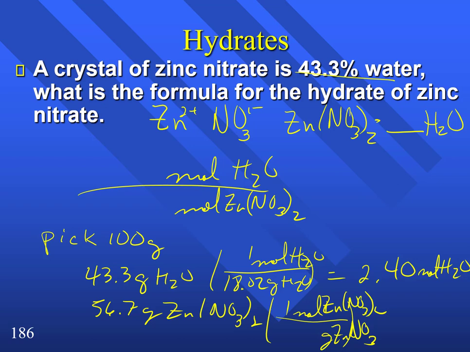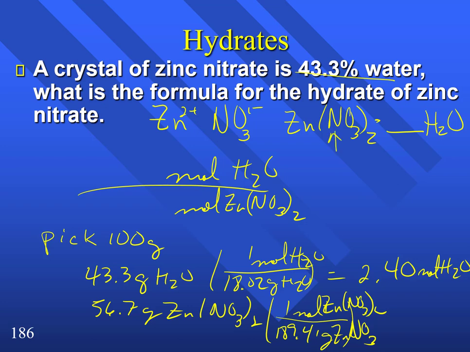So I got 189.41. 65.39 plus 28.02 plus 96. 189.41. That can't be 189.41. What's it doing? I mean, I'm looking at what I typed in my calculator. 65.39 plus 28.02. 28.02. 2 n's. 28.02.